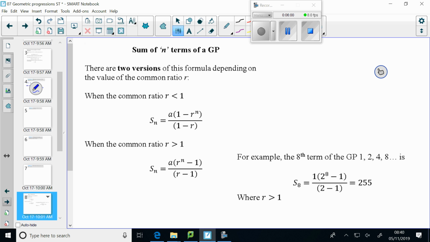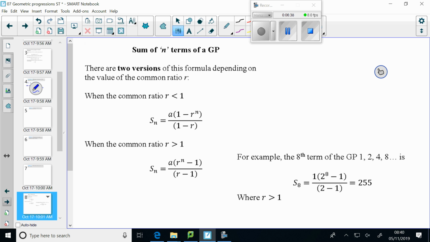Yes. Generally, to find the sum of n terms of a GP, there are 2 versions of the formula. It all depends on whether r is greater than or less than 1. If r is less than 1, the progression is going to diverge towards 0. Every term is going to be smaller than the previous one. And if r is greater than 1, it's going to diverge and get bigger as we progress through the terms.